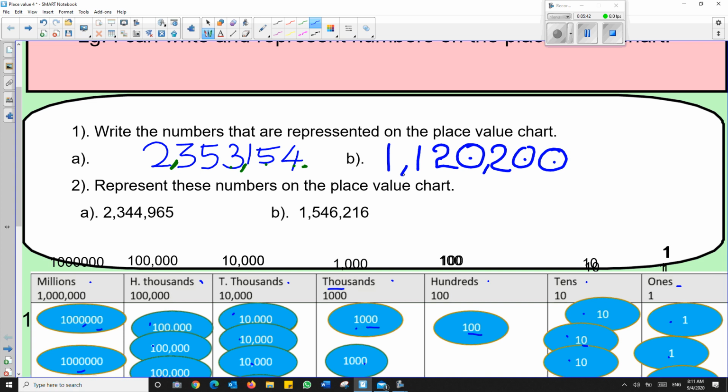Number 2, represent these numbers on the place value chart. So first we are going to represent this number, then we represent that. A is 2,344,965.